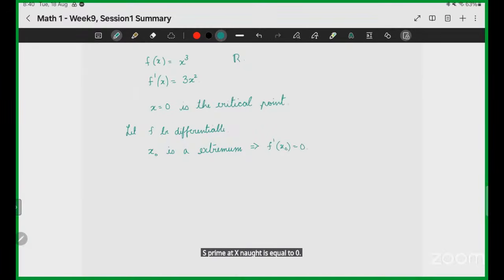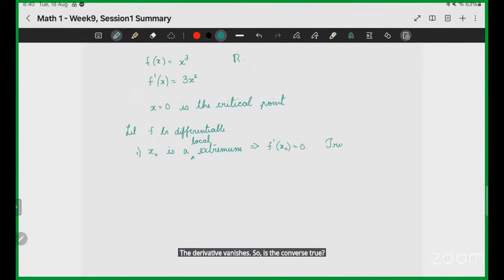So if there is a local minimum or a local maximum, then the derivative vanishes. So is the converse true?